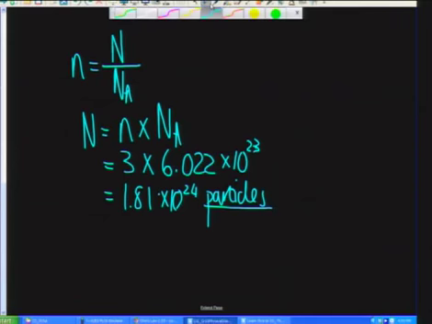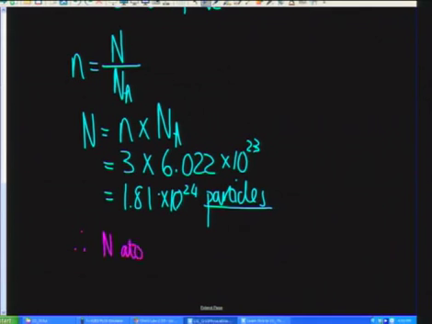Surely I'm going to have to say, therefore, nitrogen atoms would be equal to 1.81 times 10 to the power of 24 multiplied by 2 to get to my final answer in terms of the number of atoms that I've got.